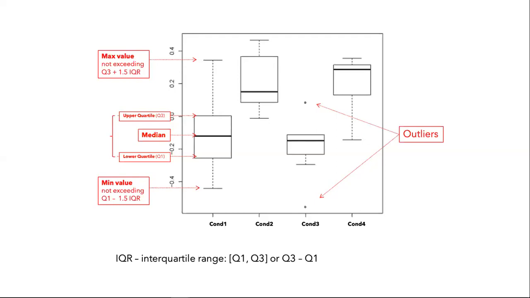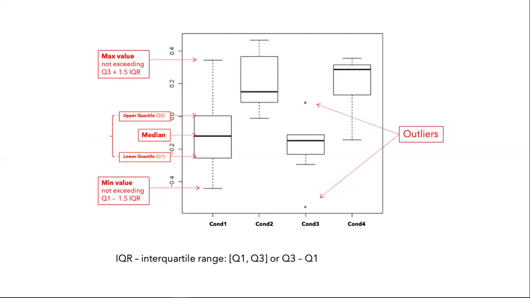So we have a certain range from 25% to 75%, and it's called the interquartile range. Median is actually between them, and we can combine median plus interquartile range to describe data in another way. There are situations where we will want to use medians and interquartile ranges, and there are other situations when we will want to use, for example, medians and standard deviations, and we'll speak about them later.